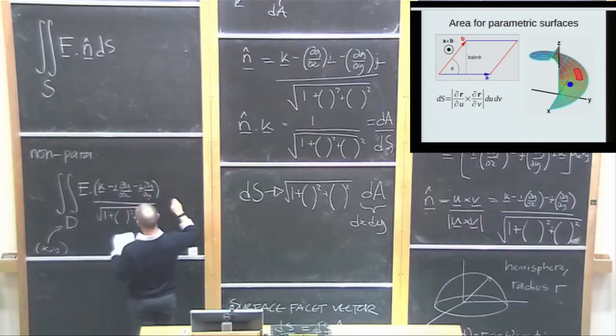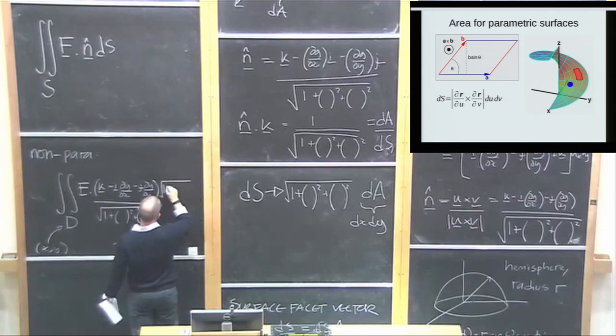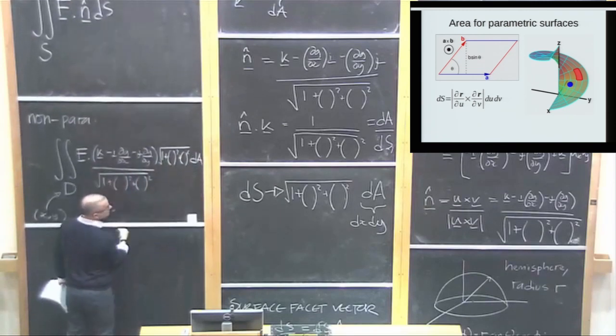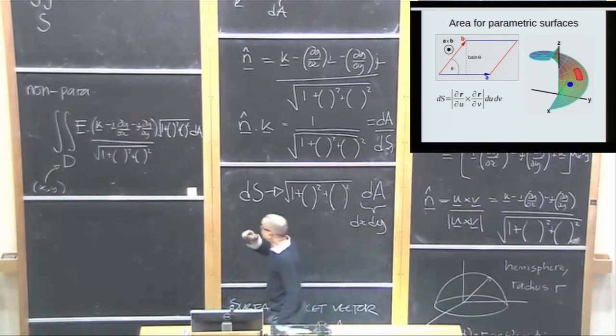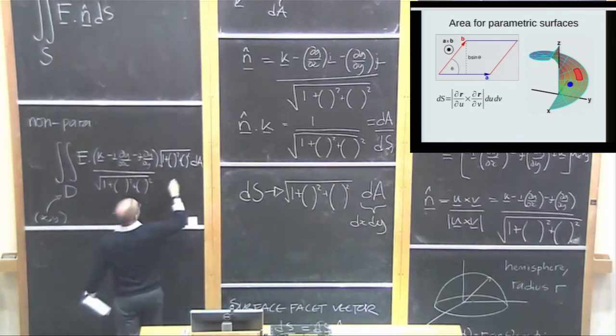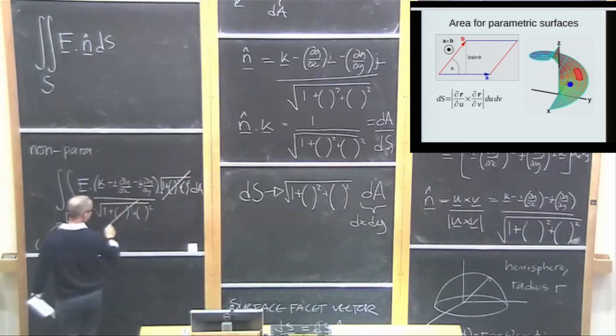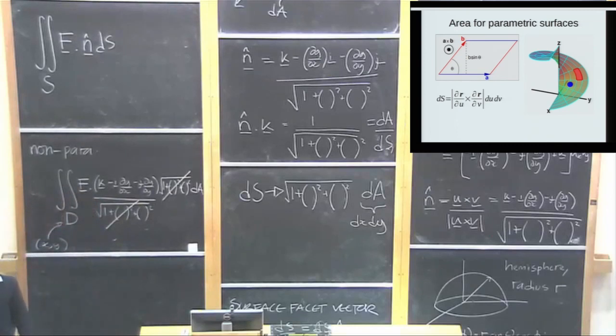So dS then becomes, as I've just shown over here, this same term times dA. And then beautifully, what you get is that this and this cancel out.